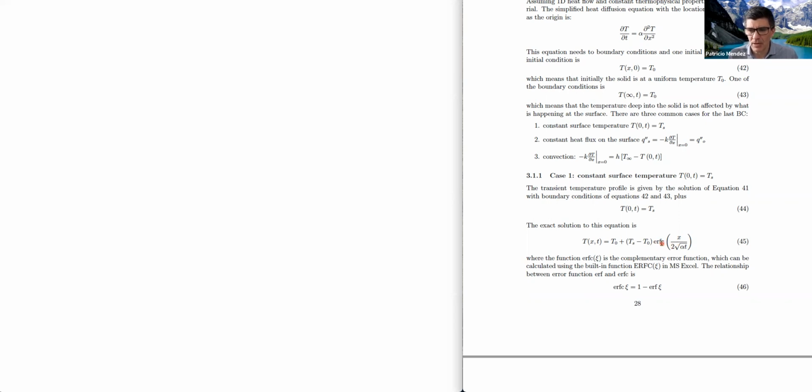So you have this error function of x over 2 square root of alpha t. Whatever this is, I want to draw your attention to something. The argument of a function is dimensionless. So we have x with dimensions of length, that is depth, and the square root of alpha t has also dimensions of length.